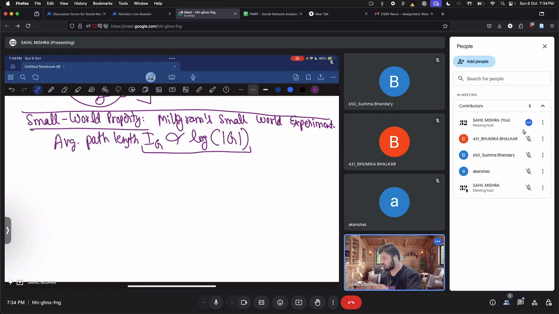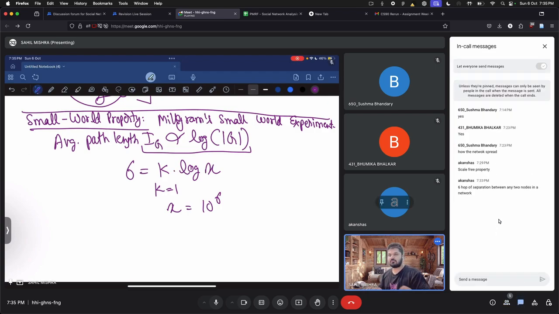So if I put 6 equal to k times log of x, for k equal to 1, x will be 10 to the power 6. Am I right? 10 to the power 6 is 1 million.